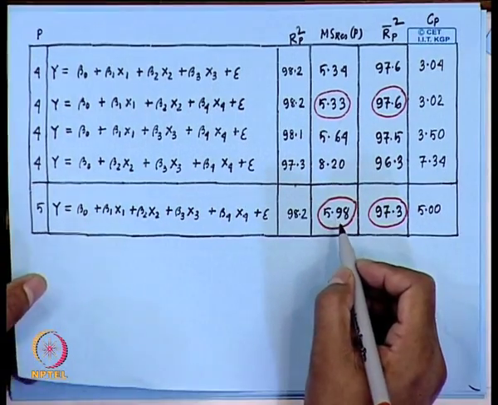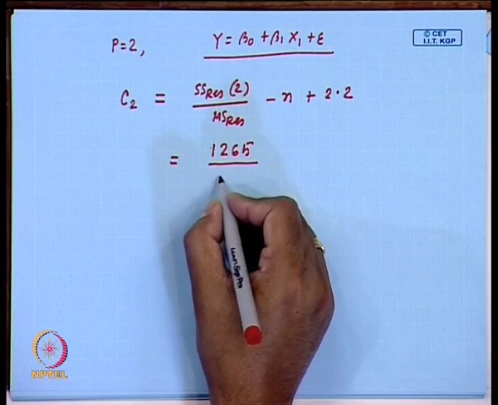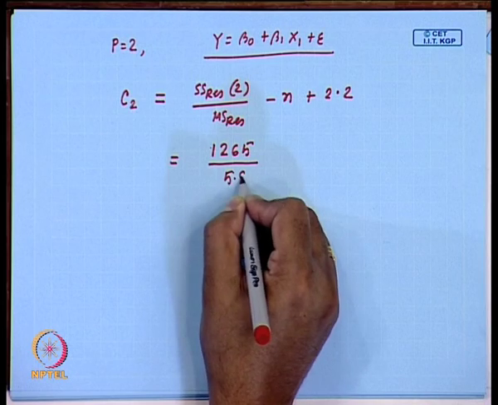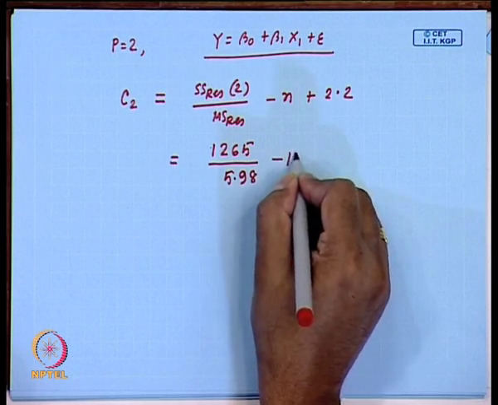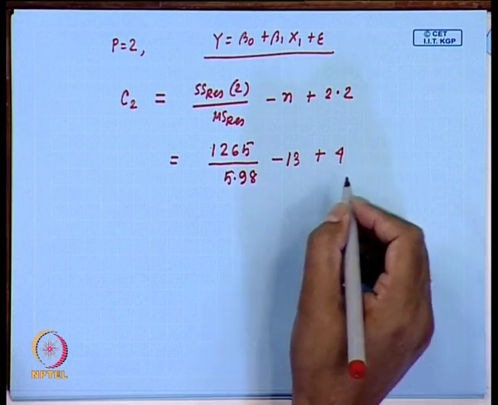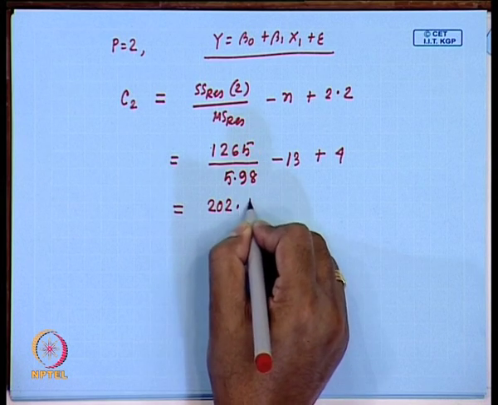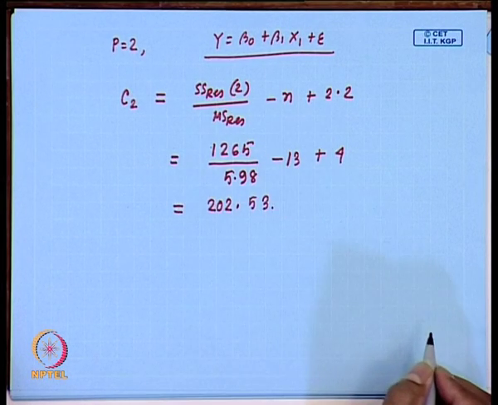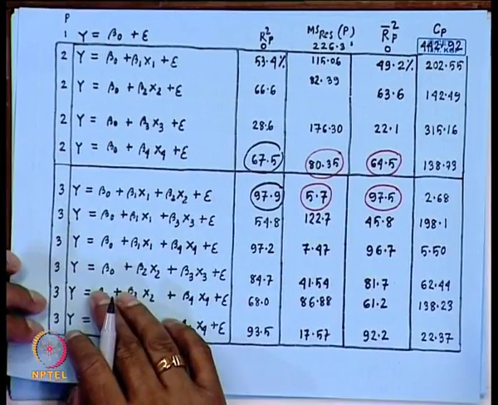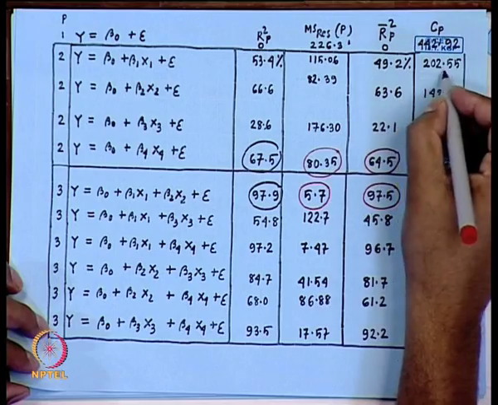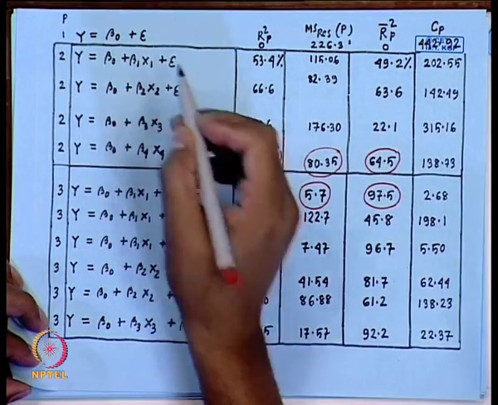So, you take SS residual 2 by 5.98, which is the MS residual for the full model, minus 13 plus 4, which is equal to 202.53. So, 202.5 is the Cp value for this model.